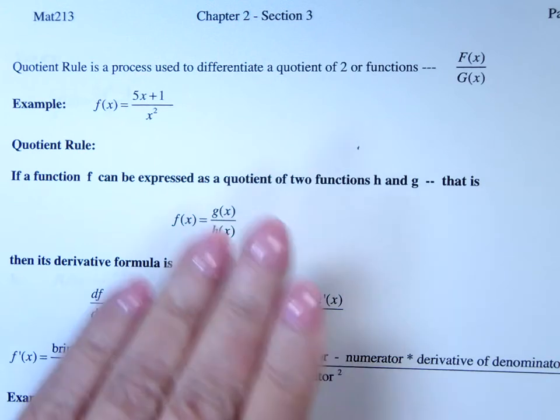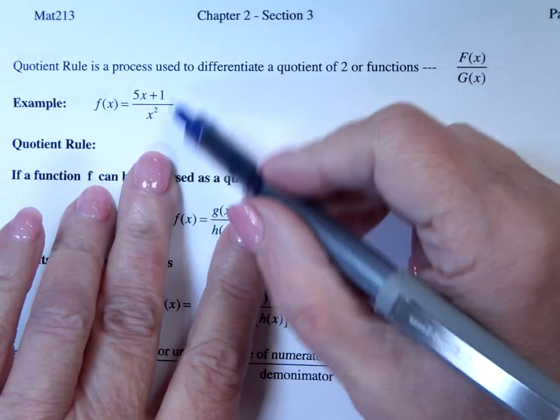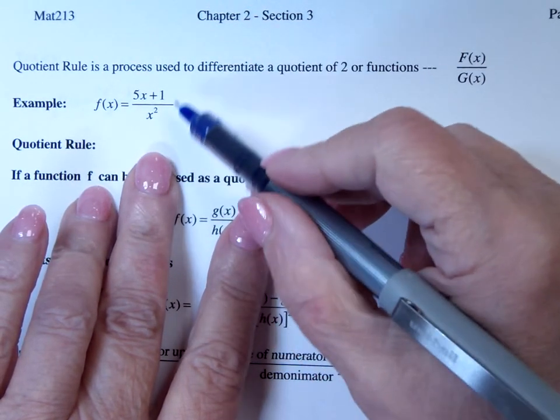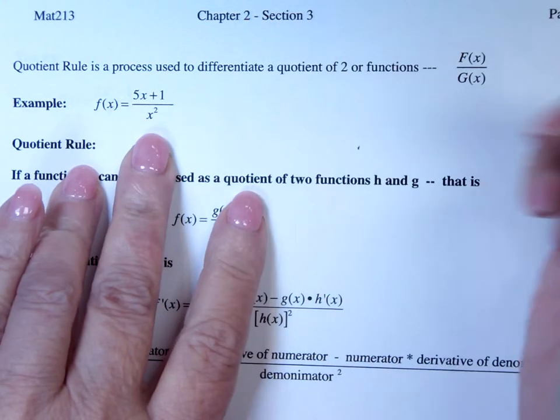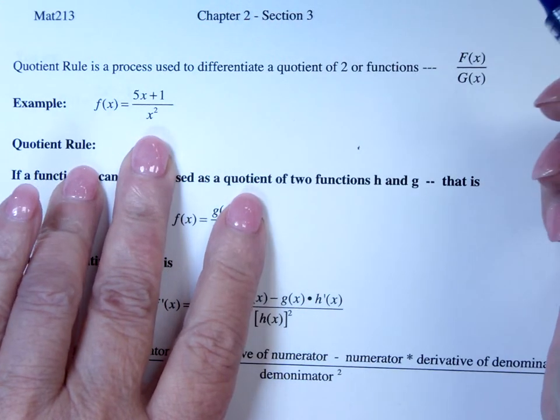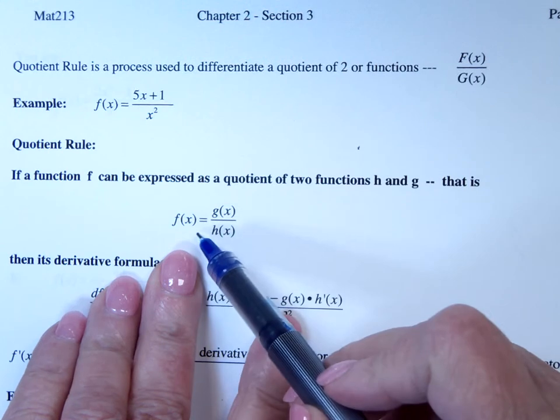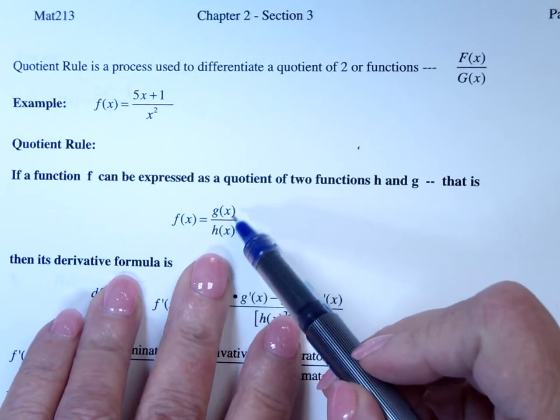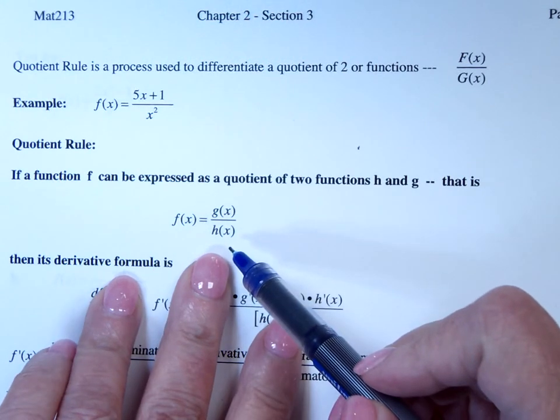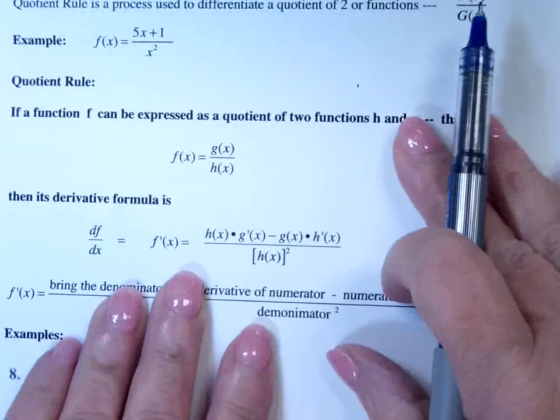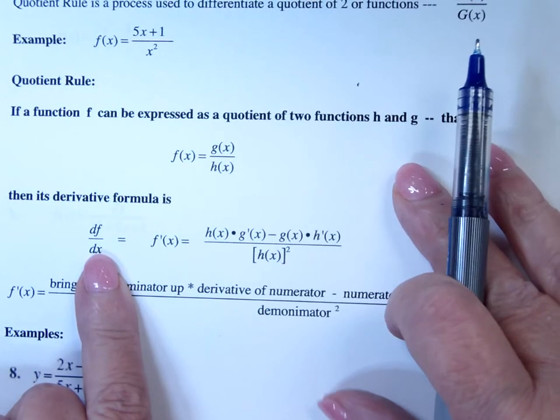If I want to use quotient rule, it means I have the quotient of two functions, like 5x plus 1 divided by x squared, f of x divided by g of x. That says if f of x is equal to g of x divided by h of x, the quotient of two functions, then this is its derivative.